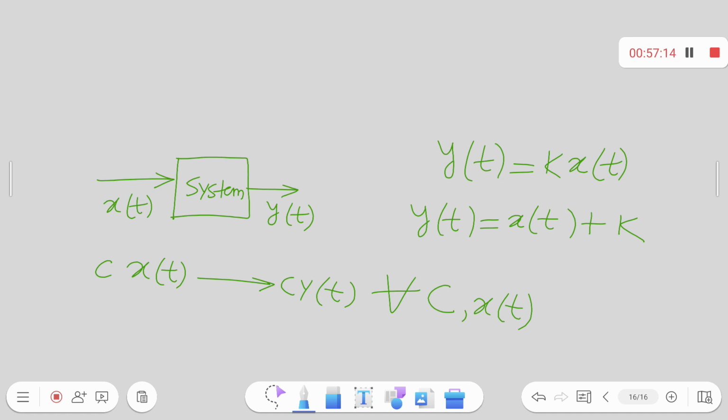For input x of t, output should be x of t plus k. If the input is x of t multiplied with c, then the output should be c x of t plus k. That is not exactly equal to c times y of t for all c. So this system is not homogeneous. So neither additive nor homogeneous.